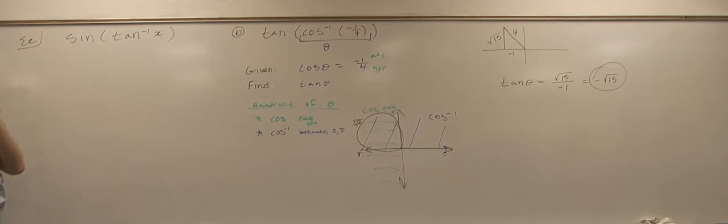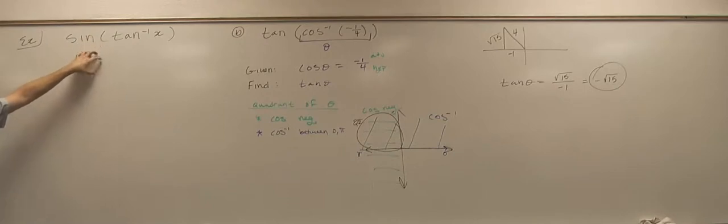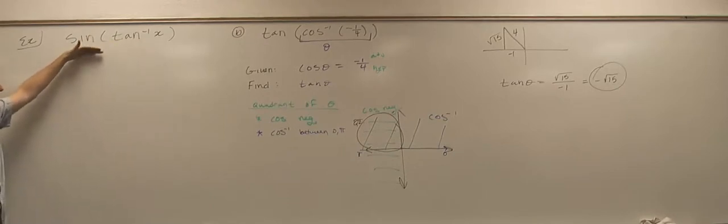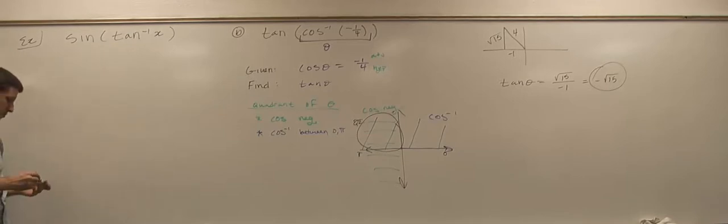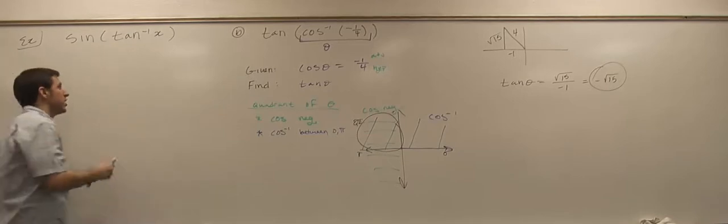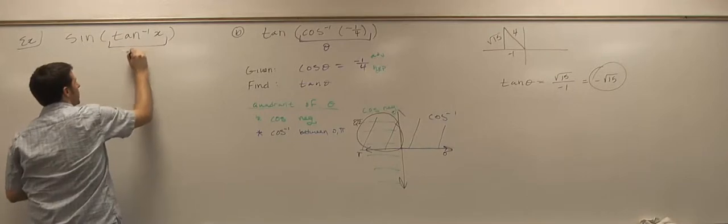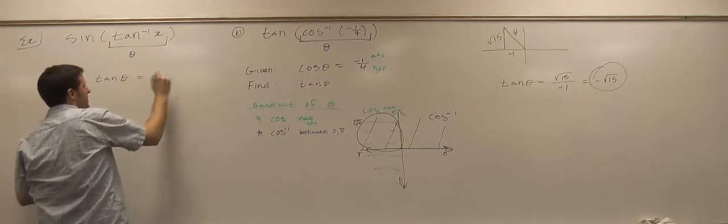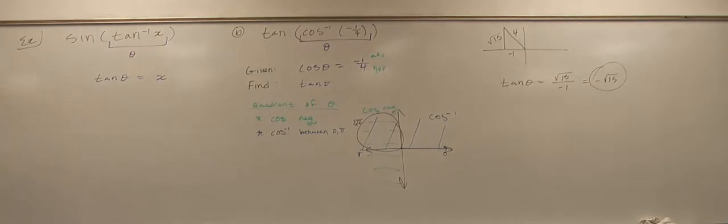If we want to rewrite this as a ratio, what's the first thing we have to do? First you have to say, okay, this is an angle, and it's the angle that makes tan of theta equal to X. But that's not a fraction. What do we do about that?